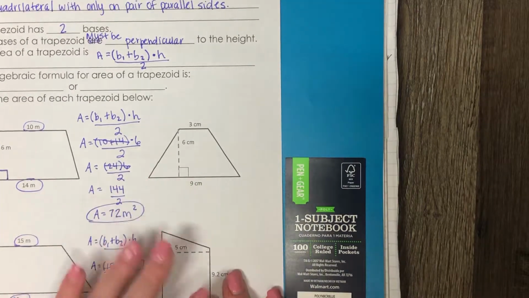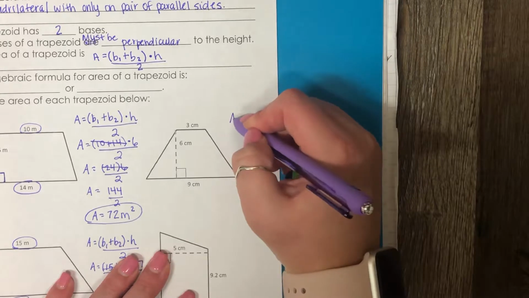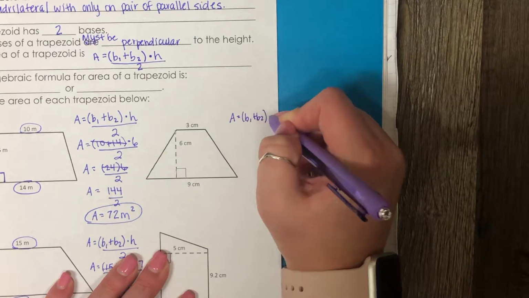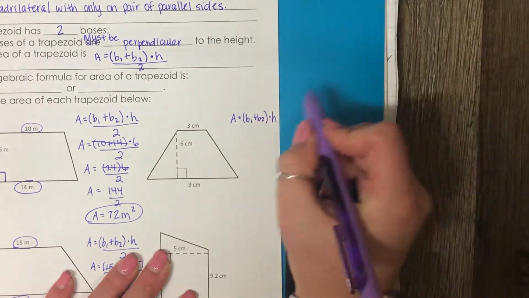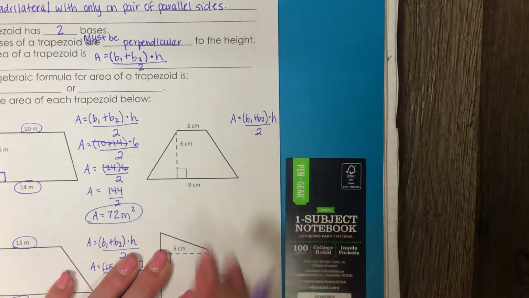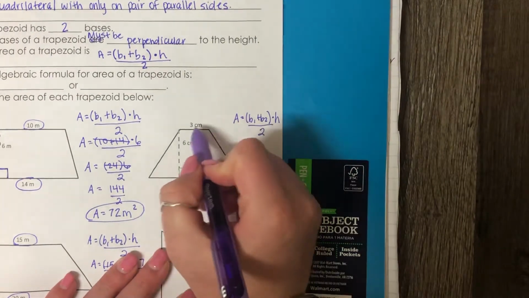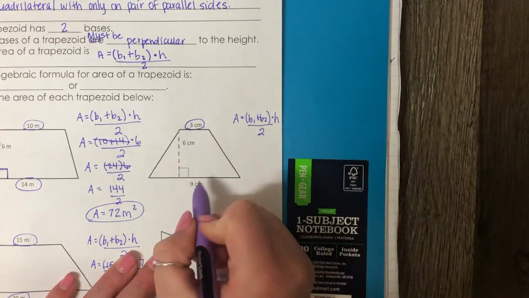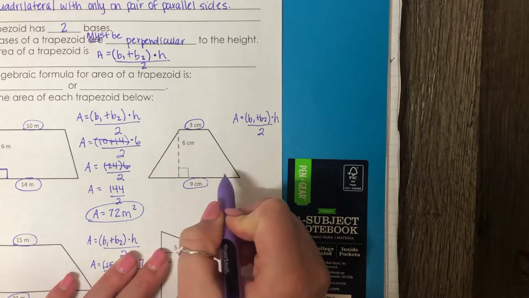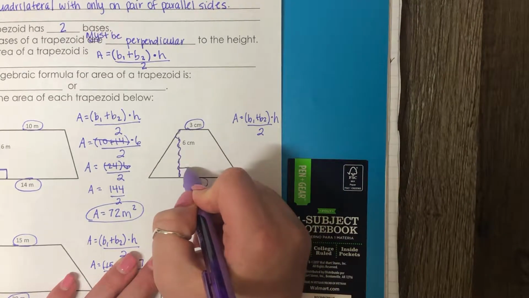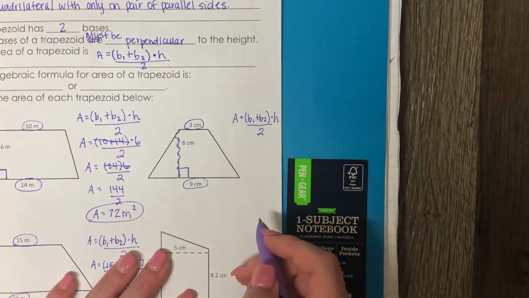Okay? If you did this, you should have written your formula. Area equals base 1 plus base 2 times our height, all divided by 2. Next, you should have found that 3 is a base, 9 is a base, and then 6 has to be our height because it hits perpendicularly.